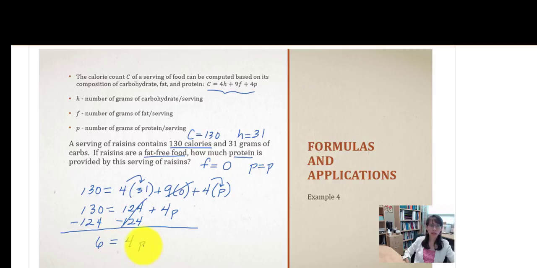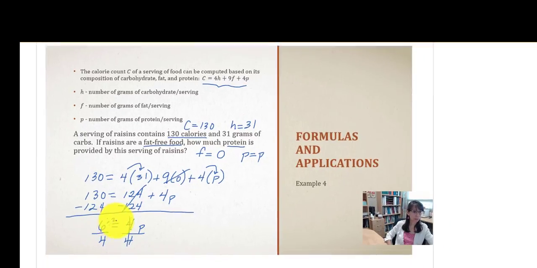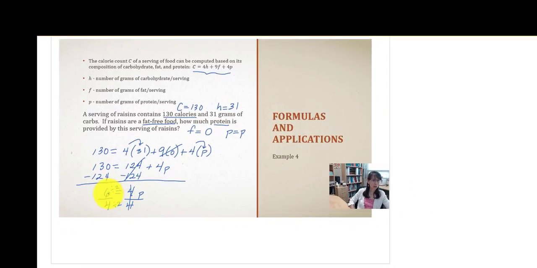In order to isolate P, we need to eliminate multiplication of 4. Division of 4 would be the opposite. So now 6/4, we can reduce that, right? Both of these numbers are divisible by 2. So 6 divided by 2, slow down, be careful on that one, is 3.